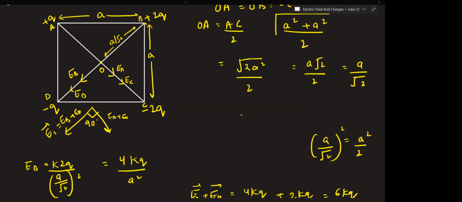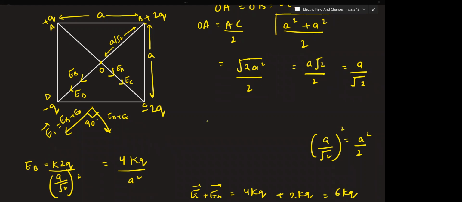Yes, Abdur Rahman, you tell me, what should be the charge that I should take for EA? For this EA, which charge should I take? Plus 2Q, plus Q, minus Q? Plus Q, right?